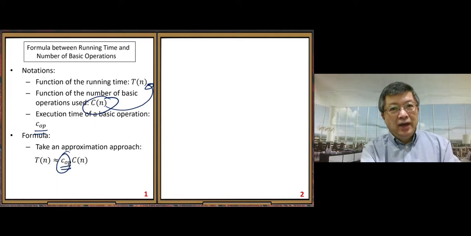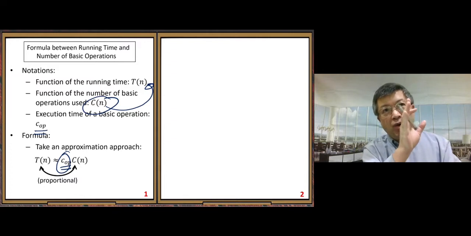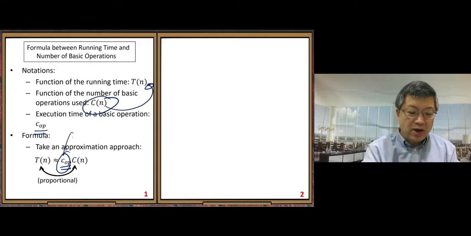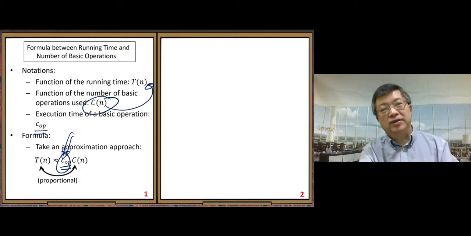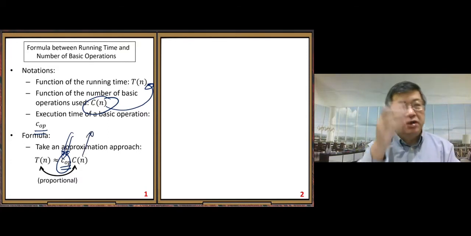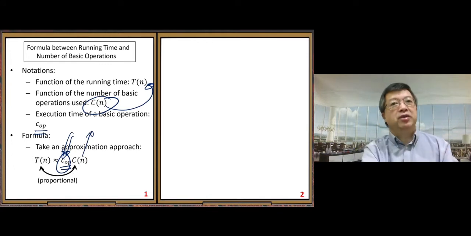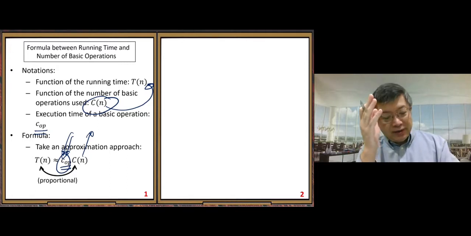Here, the relationship is proportional, just by some constant. When you change this n, the constant does not change. So it is a proportional relationship.